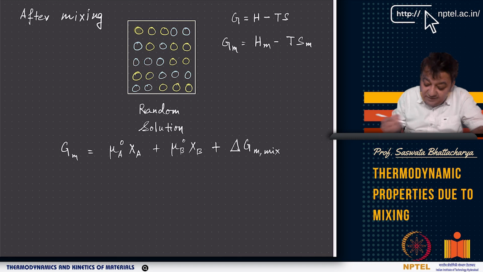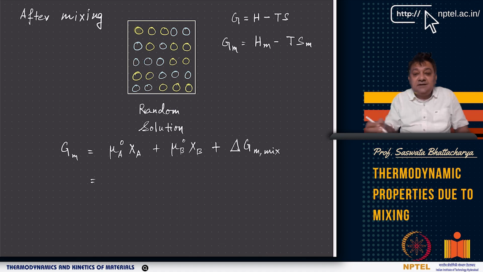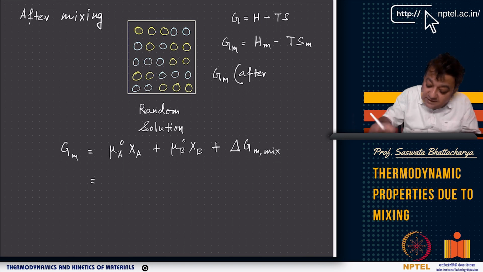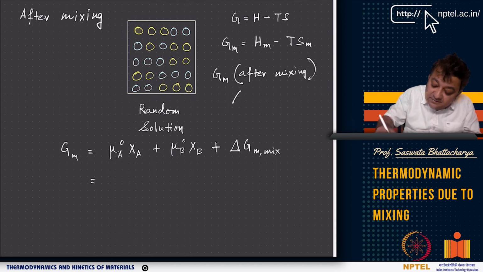This delta Gm mix has a delta Hm mix and a delta Sm mix. As you can see, due to mixing there is randomness, and as the randomness in the configuration increases, the entropy contribution also increases. So delta Gm mix is in general negative, and as a result, Gm after mixing is generally smaller than Gm before mixing.